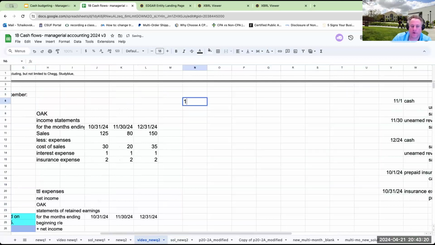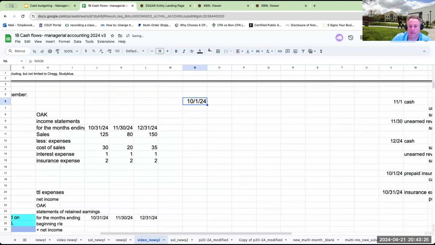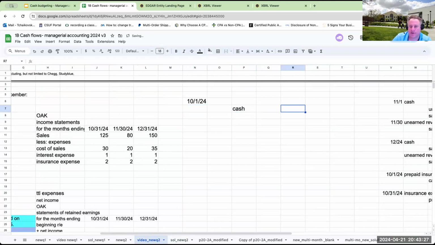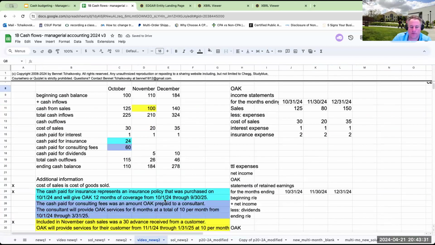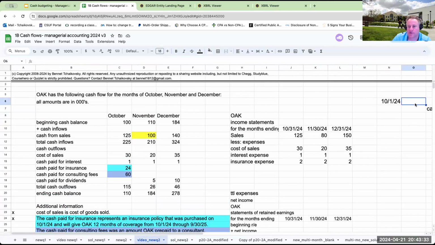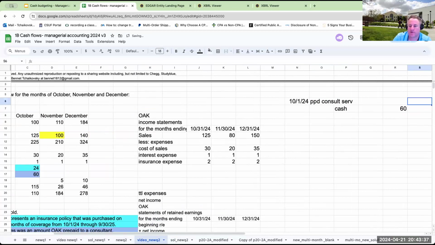Okay, so over here on 10/1/24, I paid cash of 60, and this was for prepaid consulting services. Okay, and this is going to be for 60.